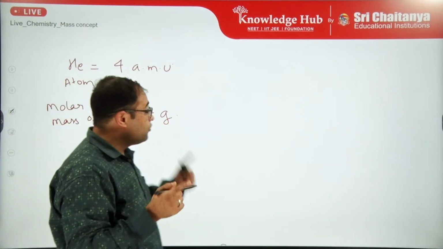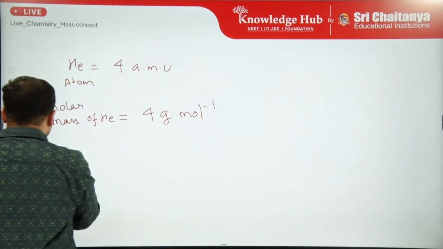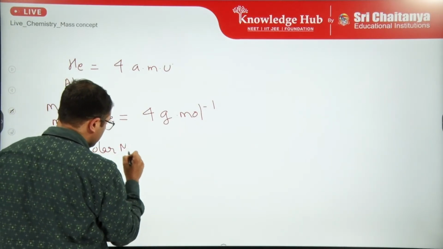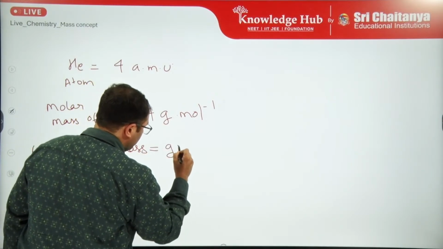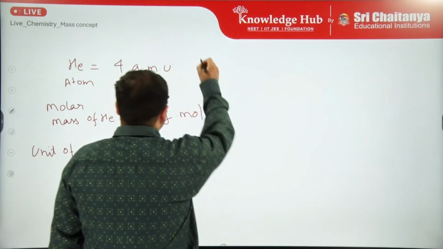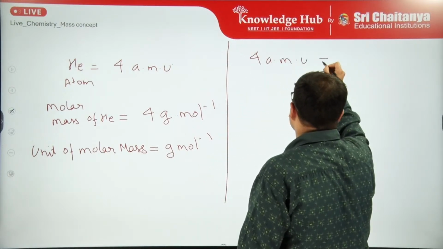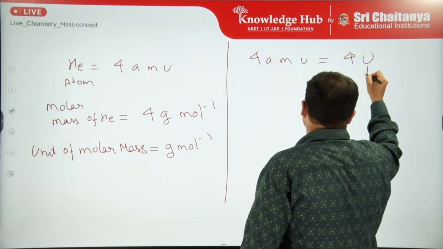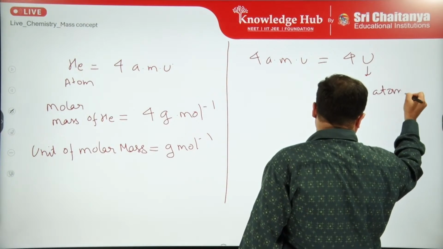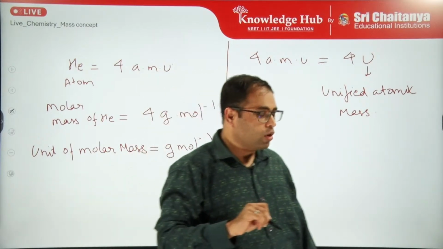And because this is for 1 mole, the unit is gram per mole. So the unit of molar mass is gram per mole. Right. One more thing, nowadays this AMU can also be written as u. This is the unified atomic mass unit.